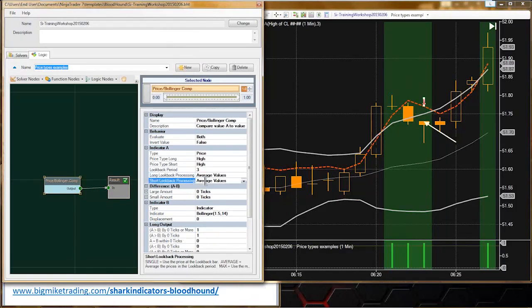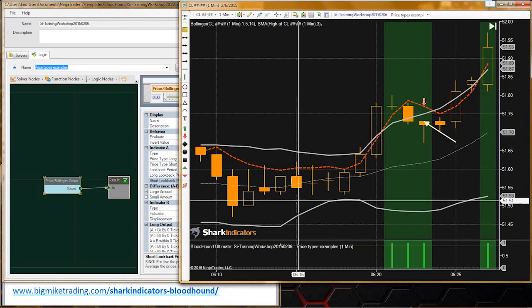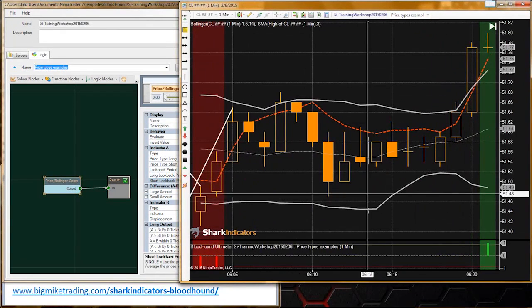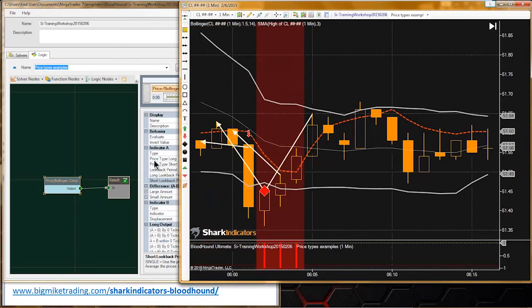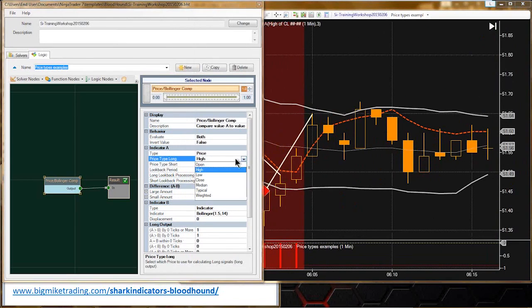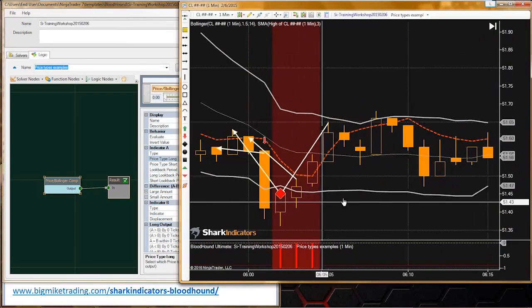All right, so let's move on to the next. So the minimum value here. So if we're taking a look at the minimum value, hold on, I'm going to set this back to low.